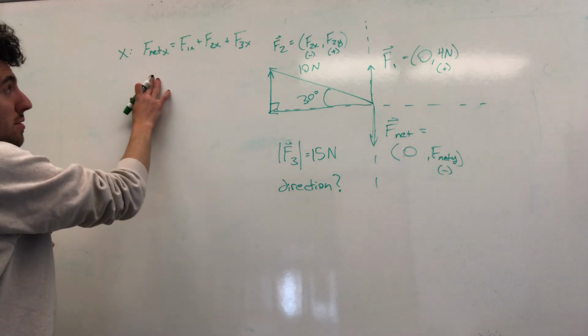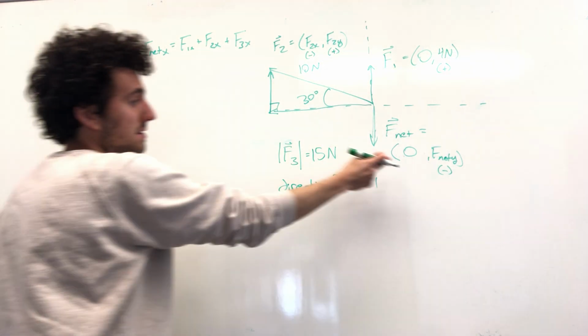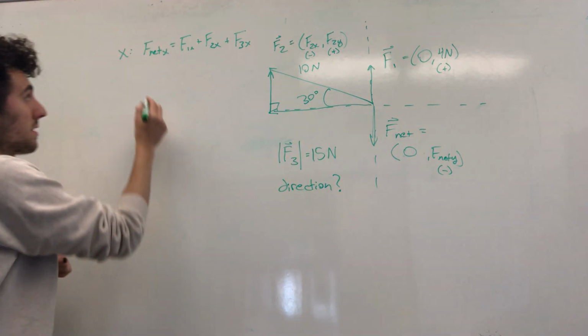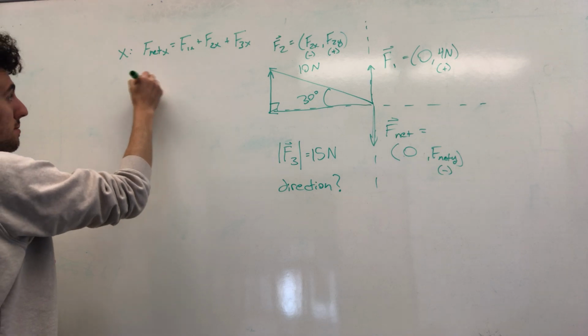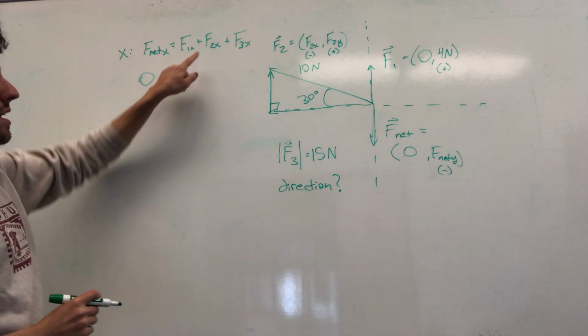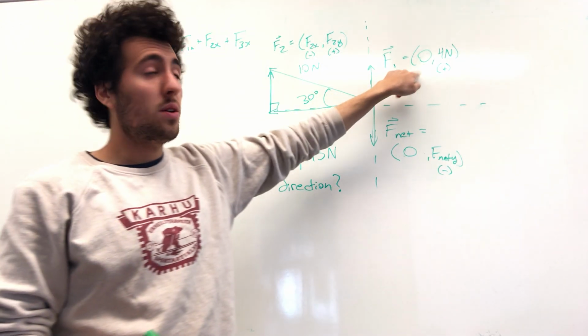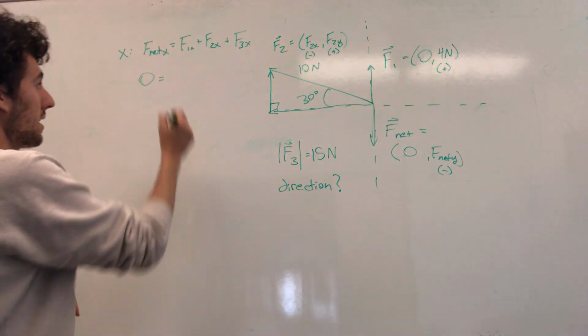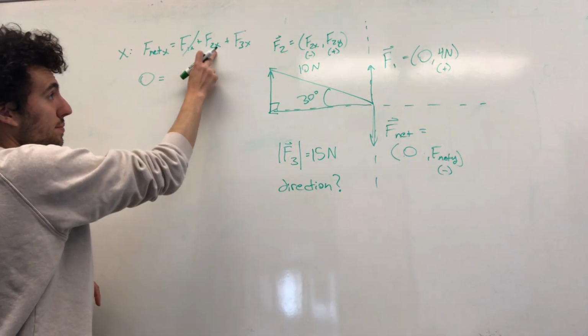And then I know some of these. I know that F net x is 0 because it only points south, so it only has a y component, so 0 equals F1x, which is also 0, as we found, since it also only has a y component, so that goes away.